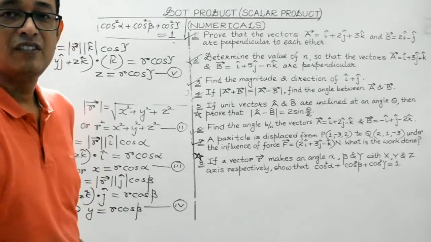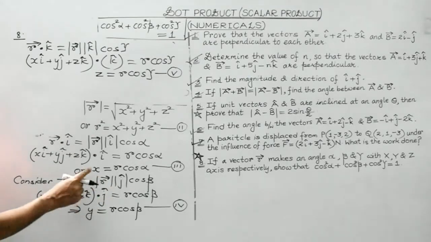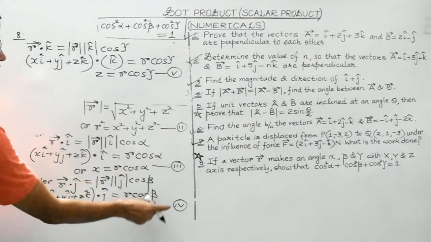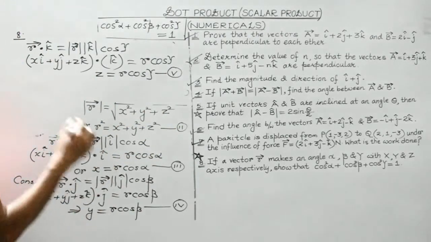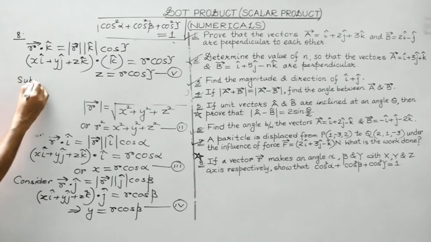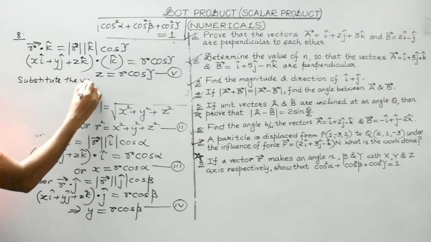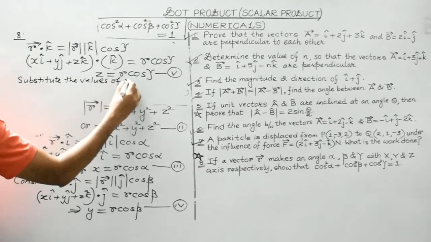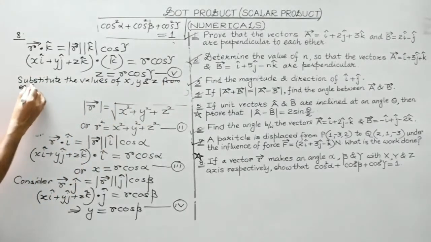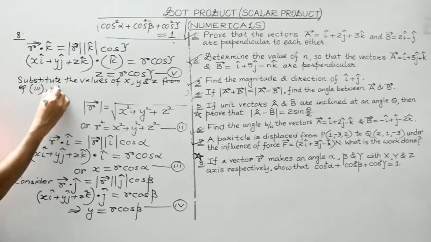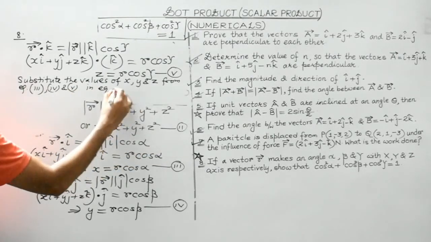Clear, students? Now what we need to do is substitute the values of x, y and z from equations 3, 4 and 5 into equation 2, and we should get the result.